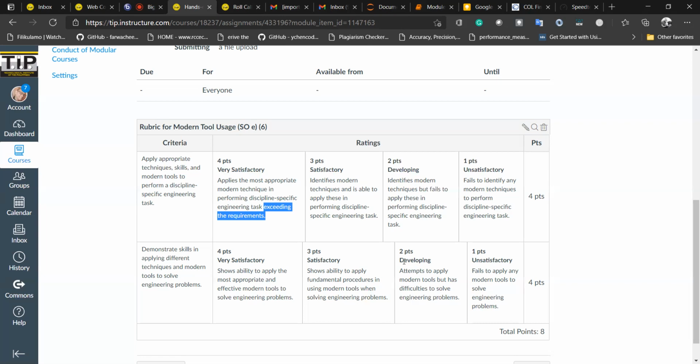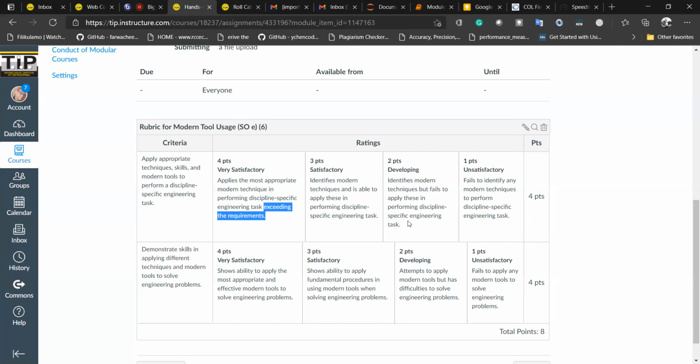And in case you did not do the other things, sometimes incomplete, but you did some part, you will get a developing score, the 2+2. And for those who get 3.5, those are in between satisfactory and developing. And then the unsatisfactory. Some of you will get an unsatisfactory score, 1+1.